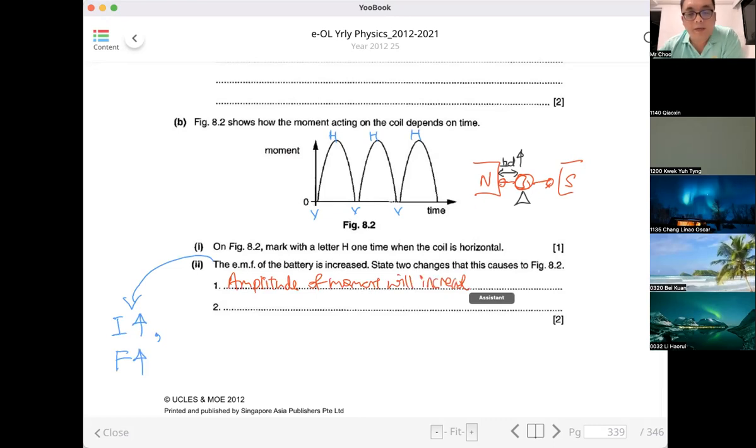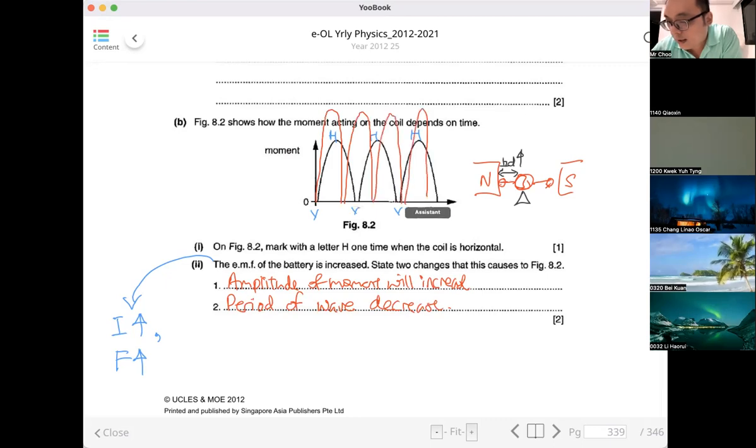But because it turned faster, the time taken will be shorter as well. So you must write down that the period of the wave decreases. Is that clear? In your graph, it'll look something like this, higher, higher, higher. Clear?